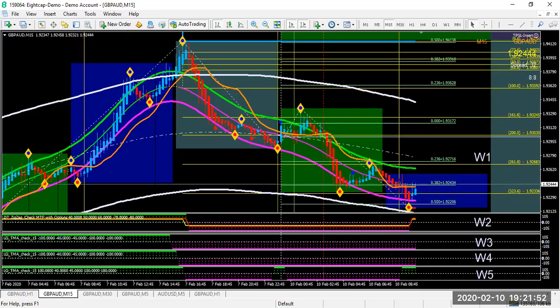So that with our diamond harvesting, jumping diamond, which is part of the diamond pip harvester strategy, allows us to utilize when price has strong momentum and wants to get to a fixed destination that we're aware of.